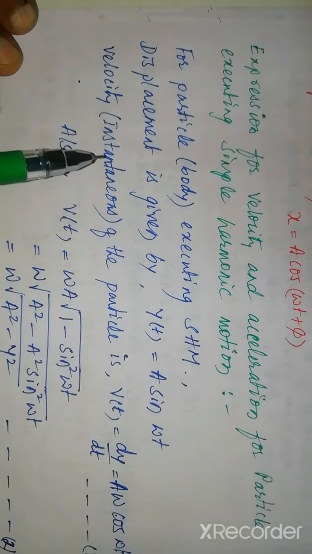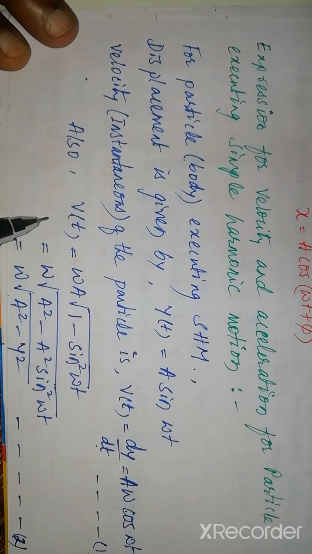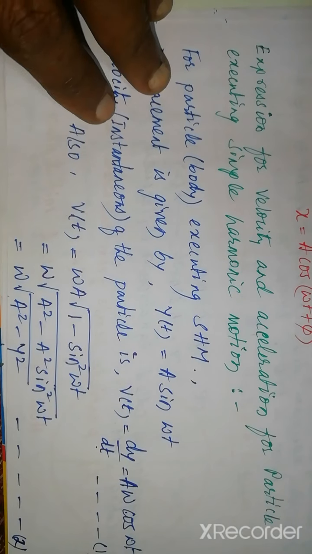From the displacement equation, we can write A sin omega t as y, so A square sin square omega t is y square. So the velocity at any given instant of time for a particle executing simple harmonic motion is the angular frequency times the square root of the square of the amplitude minus the square of the displacement.